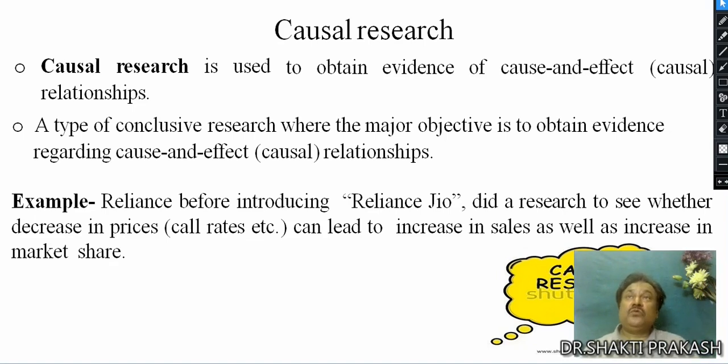Mainly, you want to know if Reliance reduces the price, what will be the impact of this? This company reduced prices a lot. So what benefits did that company get at that time?